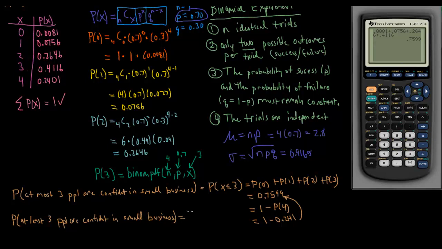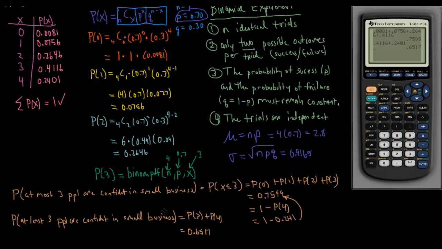Well, that's just 3 or 4, so the probability of 3 plus the probability of 4, which is 0.4116 plus 0.2401. Oh, I messed up. Let's go back over here. It's 4116, yeah. So the probability there is 0.6517.